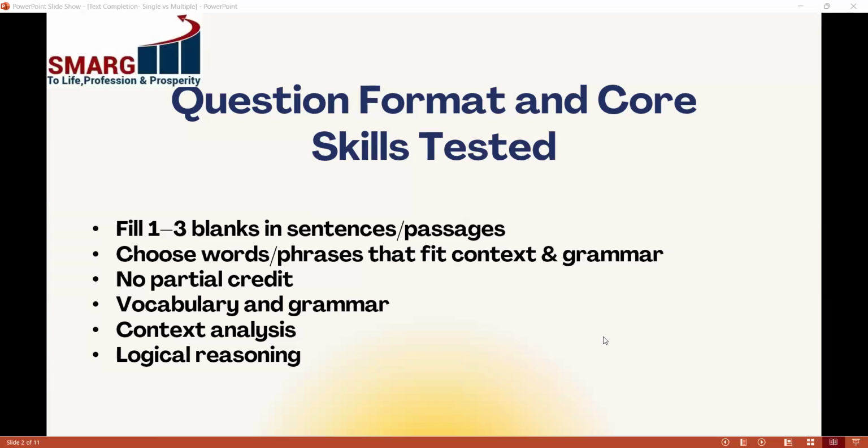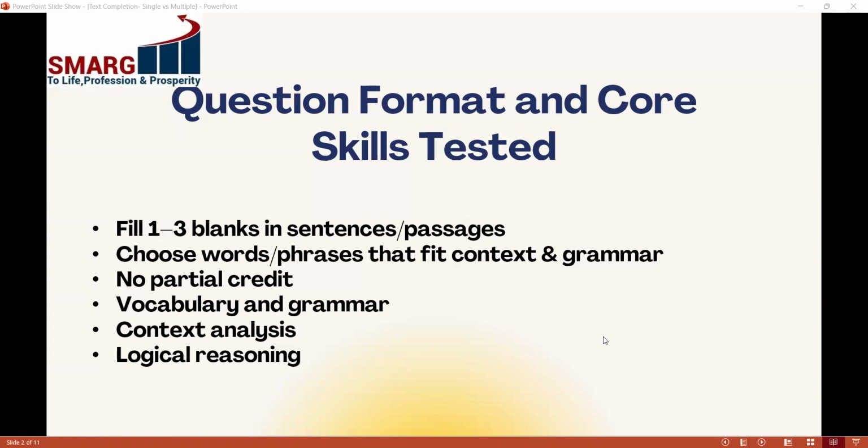Okay. Now, three things get tested here: vocabulary, grammar, and context analysis. Of course, because you are not getting any options that give you the sense entirely, as happens in sentence equivalence, here you need to know the word and the meaning that is there. Why do we need grammar? For a very basic reason.